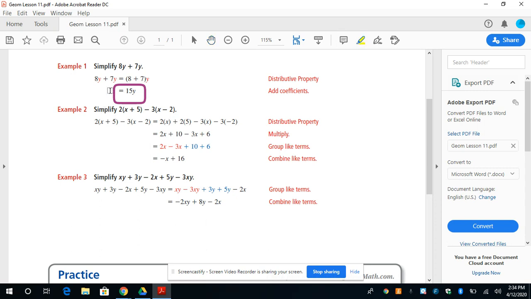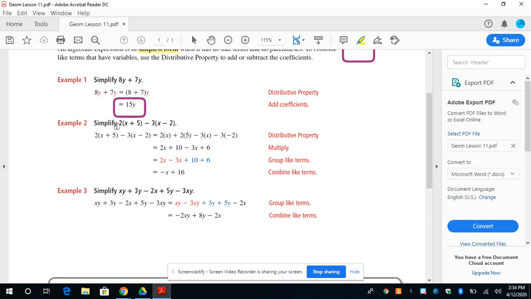All right, so we have simplify. We did the 8y plus 7y. Simplify 2 parentheses x plus 5 minus 3 parentheses x minus 2. So the first idea here is that you do have distributive property. When you have a number outside a set of parentheses, you need to distribute that in. So the 2 has to be multiplied to the x, and the 2 also has to be multiplied to the 5.